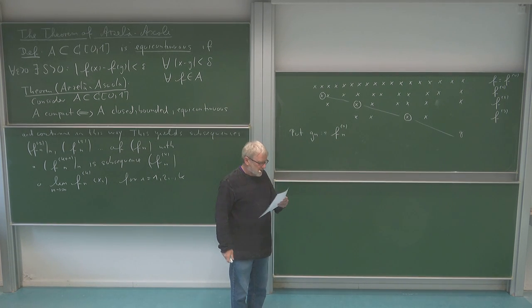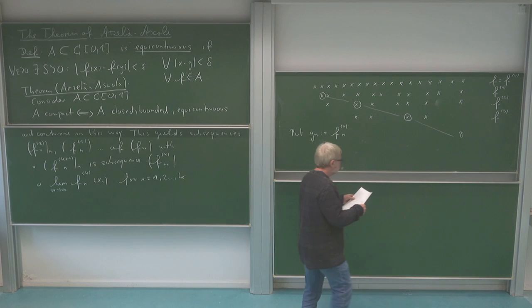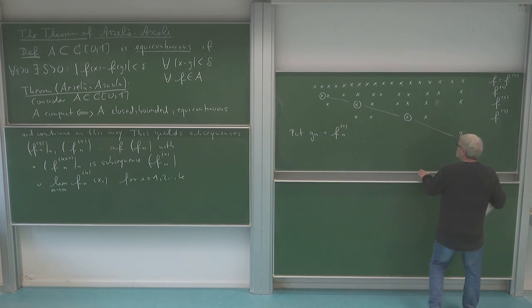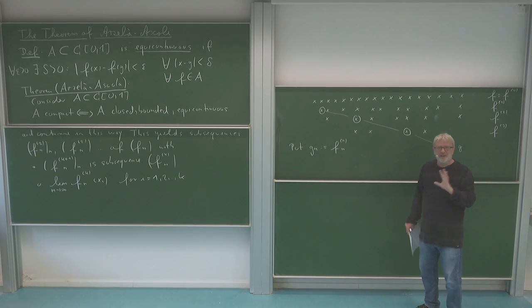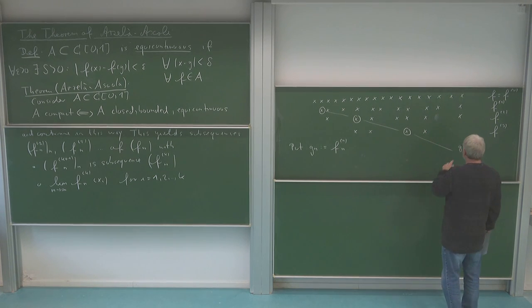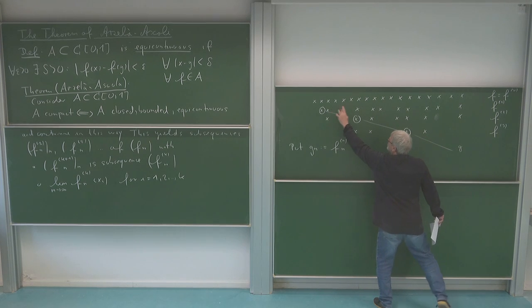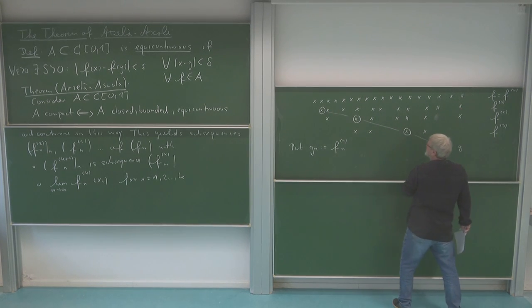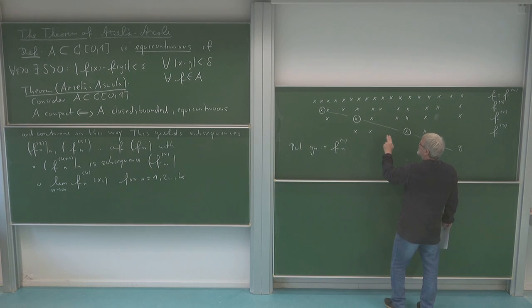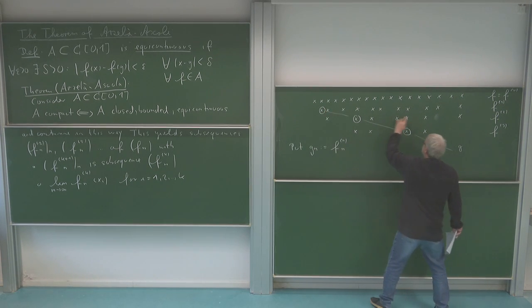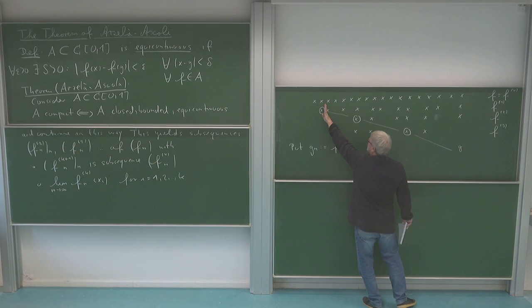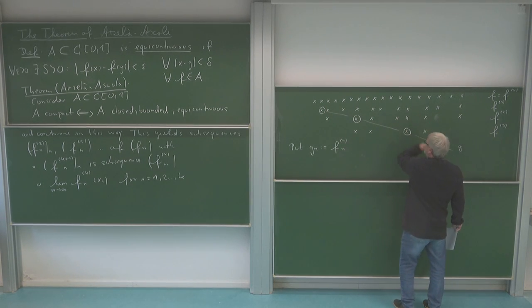And now this G is a subsequence of all of those guys. Maybe not from the beginning on, but at least later on. G, of course, is a subsequence of this one here. Then this one here is not, because of this element, it's not a subsequence of this, but if I forget the first element, then it's a subsequence of the second one.